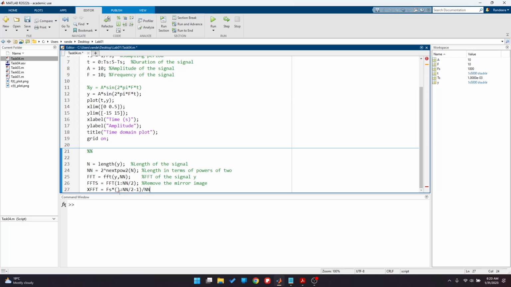So fs times 0 to nn divided by 2 minus 1 divided by nn. So this code is actually used to normalize the x-axis.